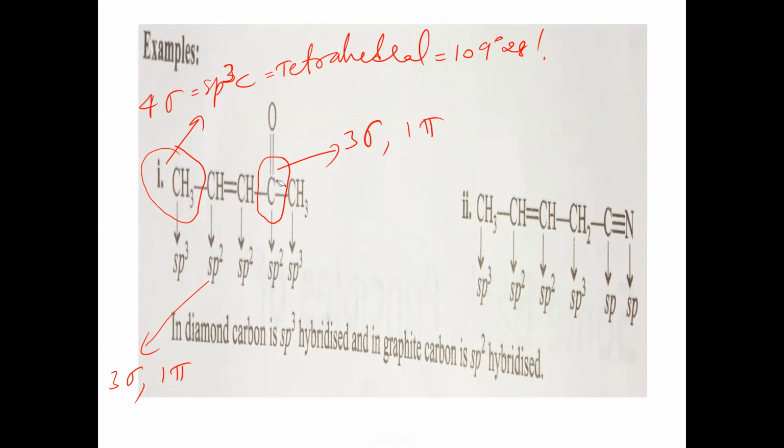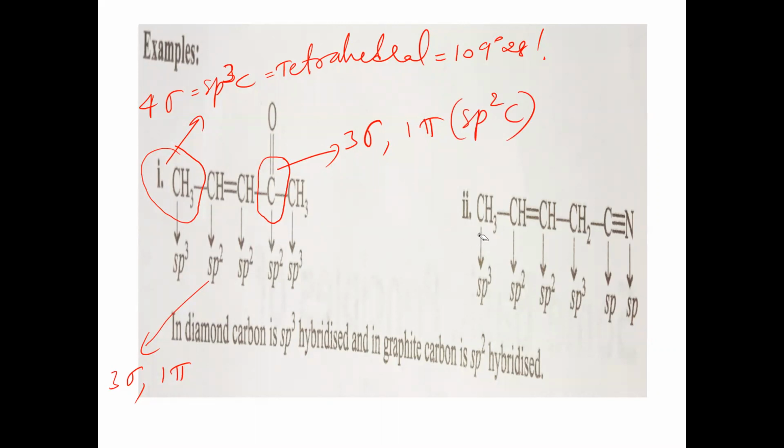That indicates sp2 carbon. And here is sp3 hybridization, because this carbon has four single bonds around it. Is that clear? In this way we have to understand the concept.